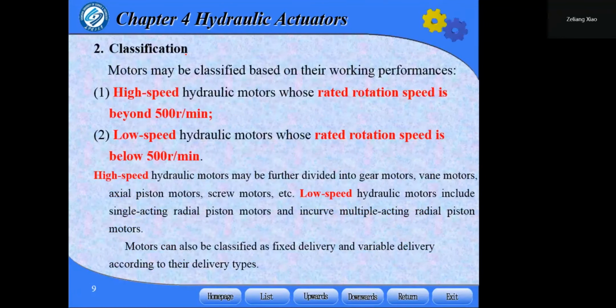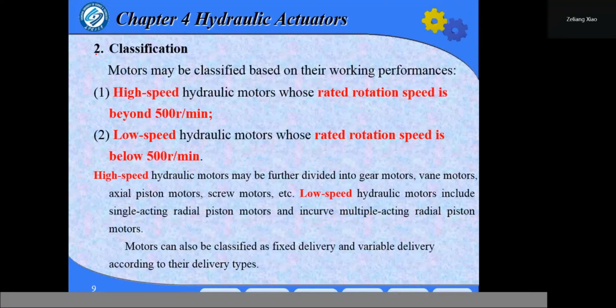Classification. Motors may be classified based on the working performance. They can be divided into these two categories.